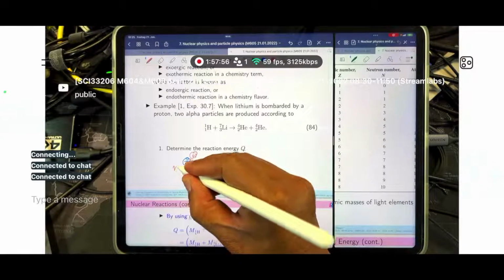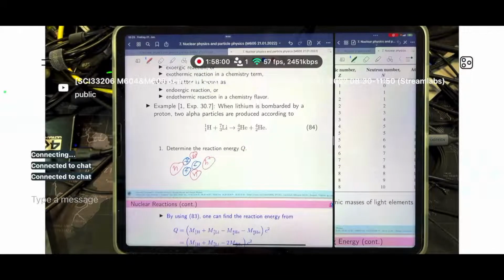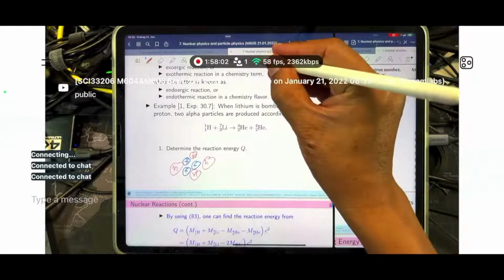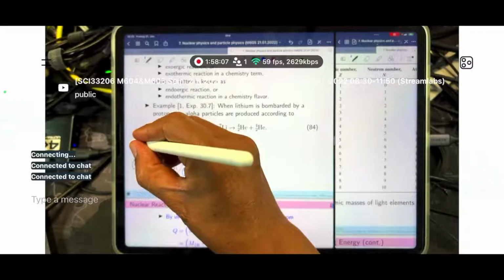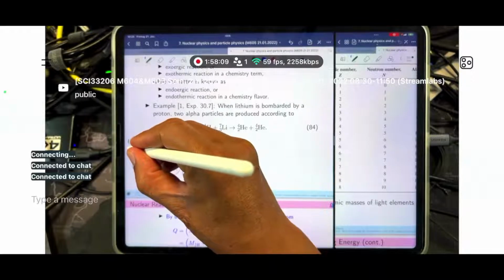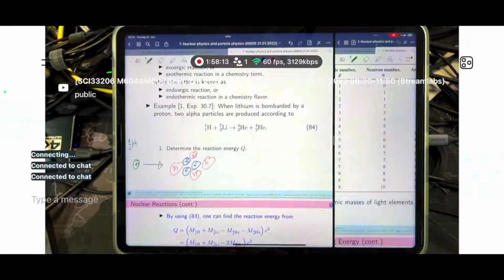That's the nucleus of lithium-7-3, and you accelerate the proton, denoted here H-1-1. It moves in this way with high speed, and this process turns to be the product like this.